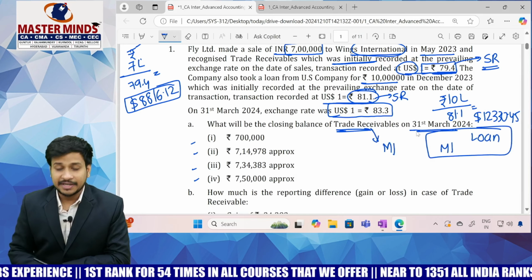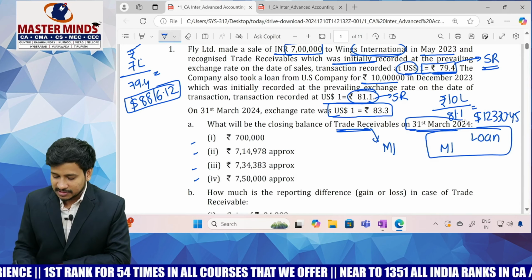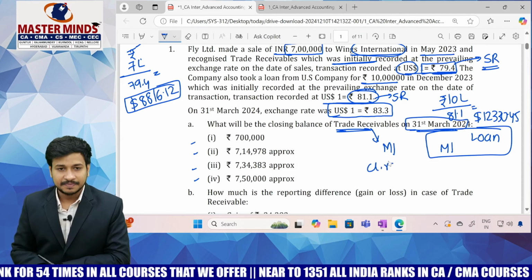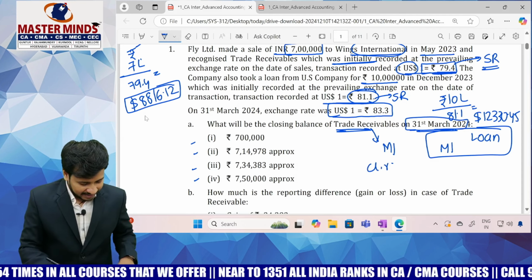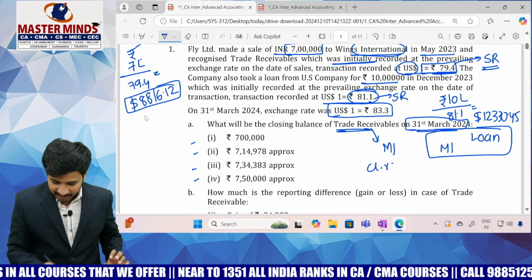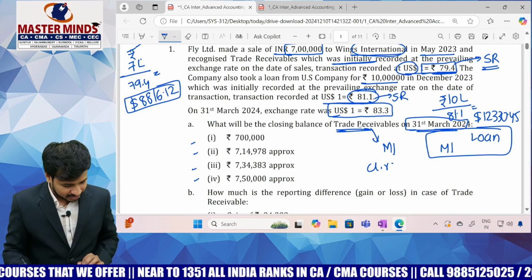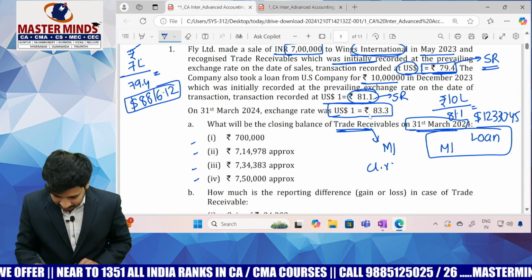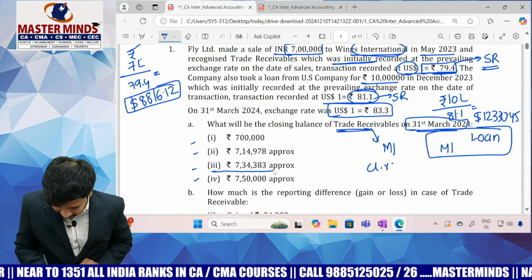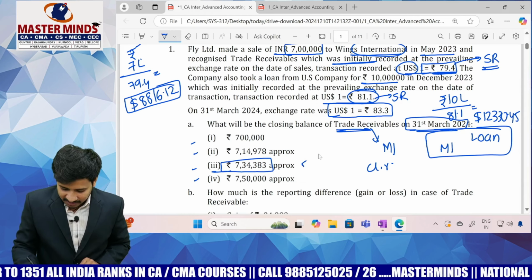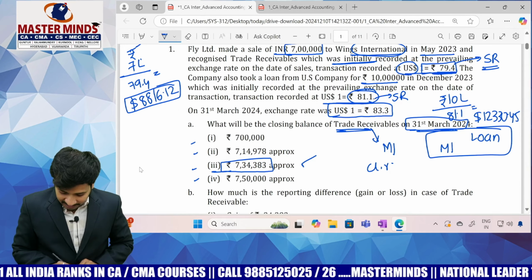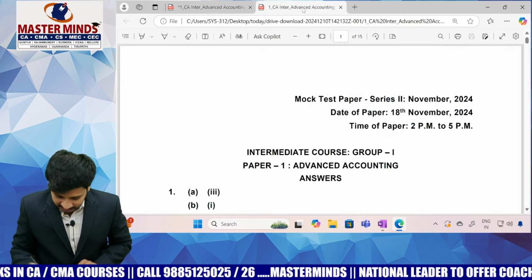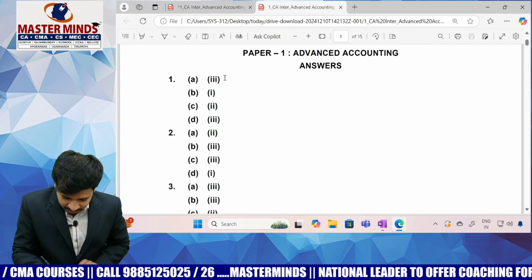Since these are monetary items, at the year end you need to consider the closing rate. $8816.12 multiplied by closing rate 83.3 comes to rupees 734,382.7, that is 734,383 approximately. This is the perfect answer, and the correct answer is option number 3. Let me cross-check: yes, option 3 is correct.